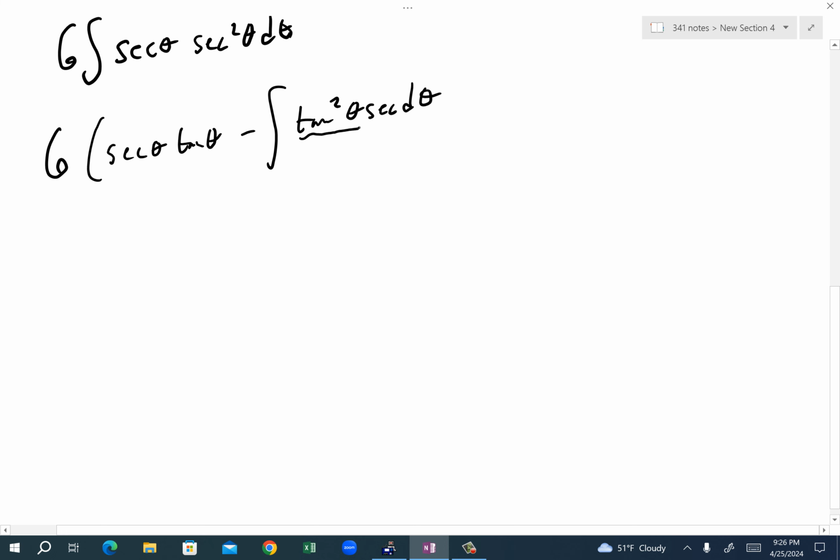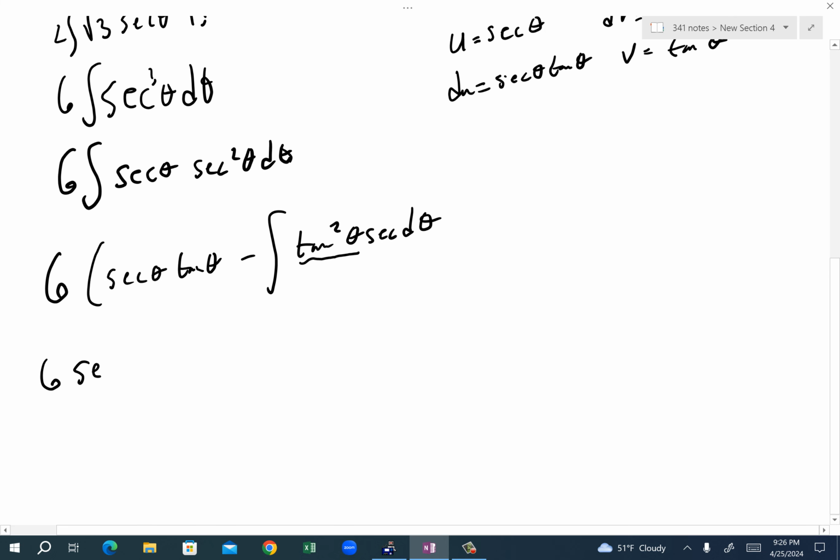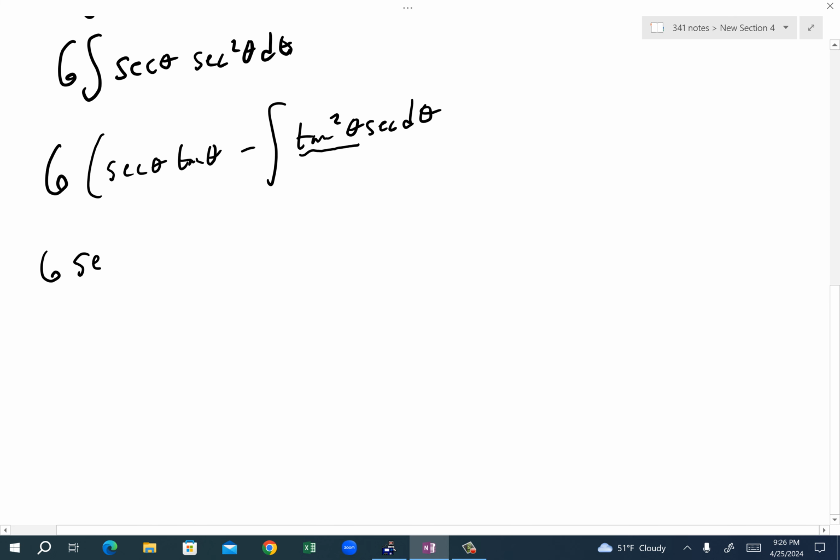Remember, this can be written differently. So it could be 6, I'm going to write this as secant. Remember, this 6 goes all the way across, correct? Okay, we got a 6 all the way across this thing. 6 secant theta tangent theta minus 6 times the integral of, now, tangent squared can be written as secant squared theta minus 1, times secant theta d theta.